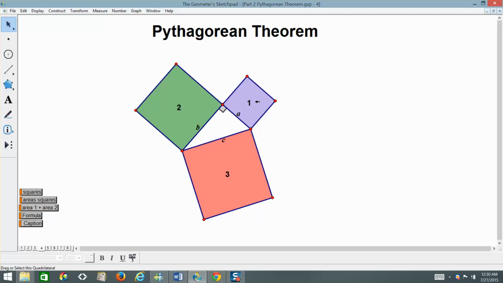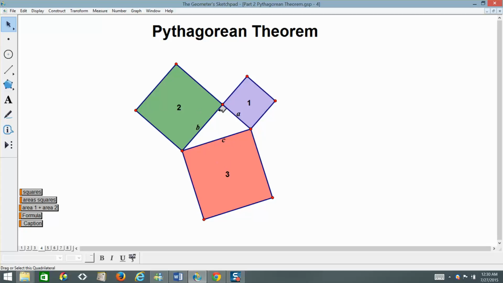For example, square 1 has a side length A. So the area of square 1 is equal to A squared. In the same way, the area of square 2 is equal to B squared, and the area of square 3 is C squared.